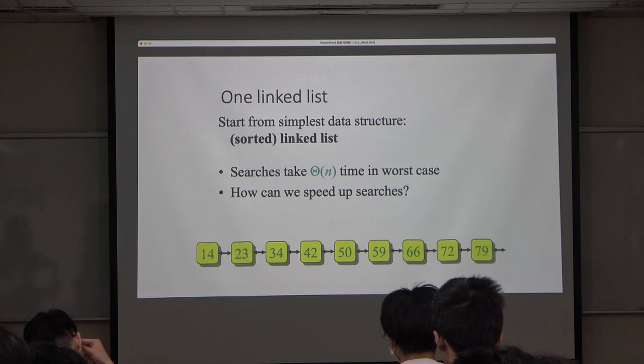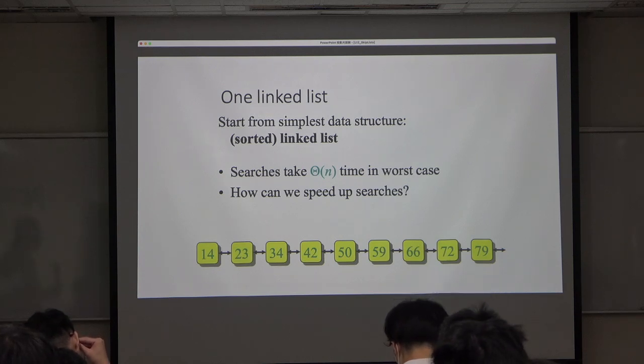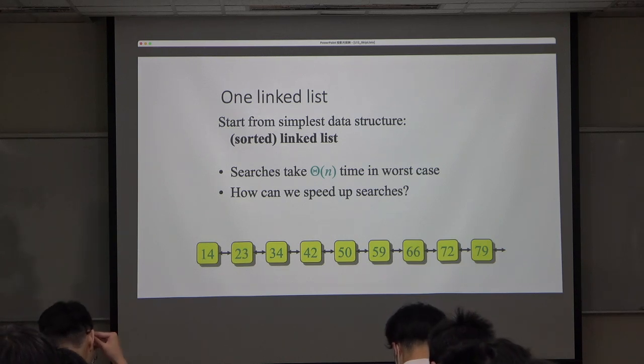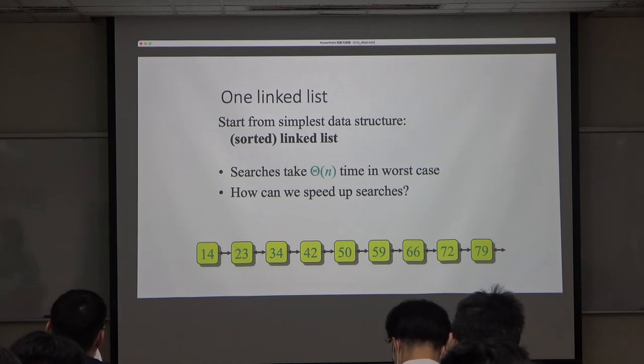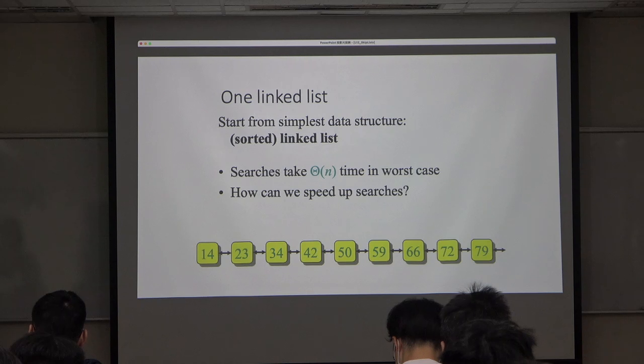Say you have the simplest data structure, sorted numbers in a linked list, because we are talking about skip lists, so it is, after all, a list. Previously I told you if the numbers are sorted, we prefer to put them in an array, because in an array we can utilize the index to do binary search.